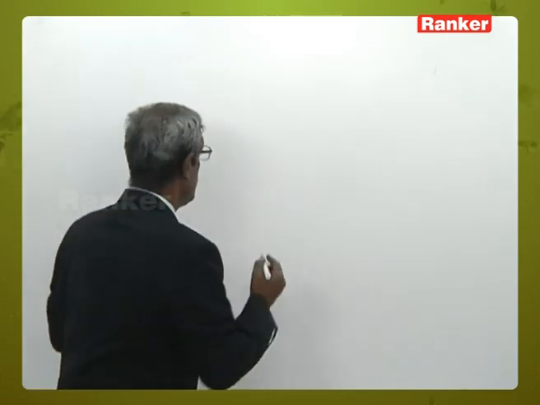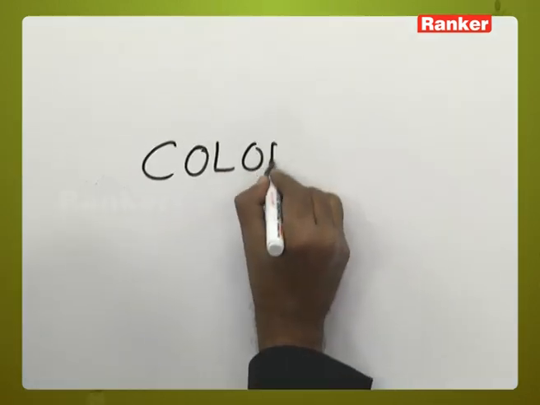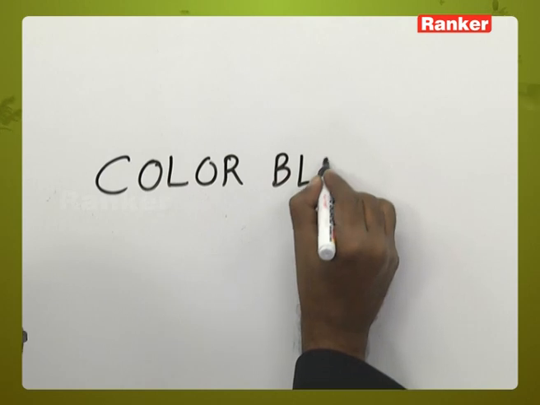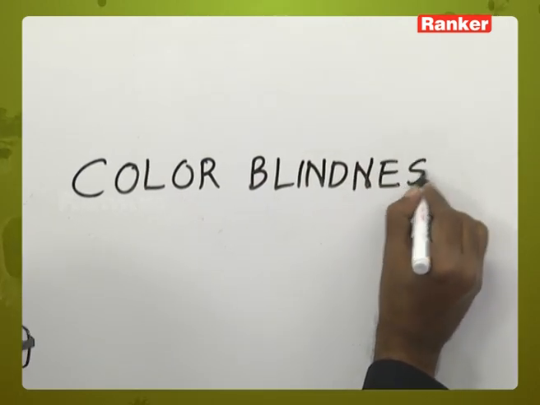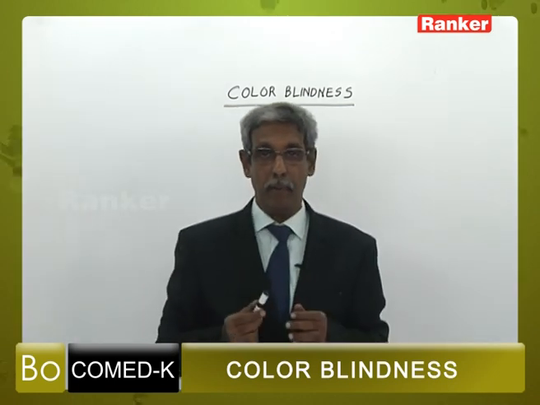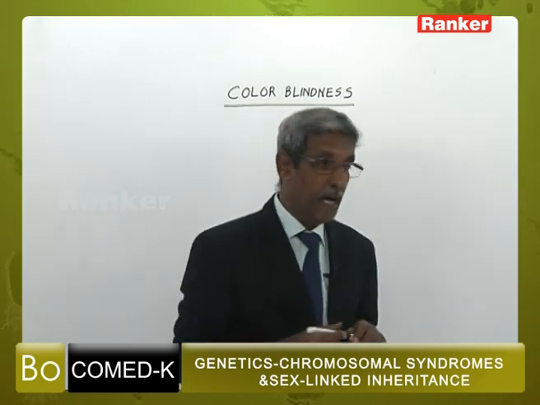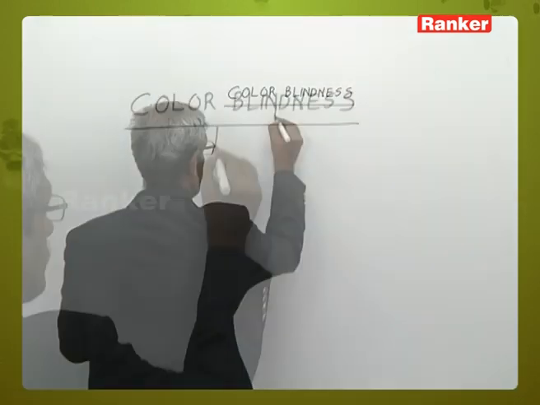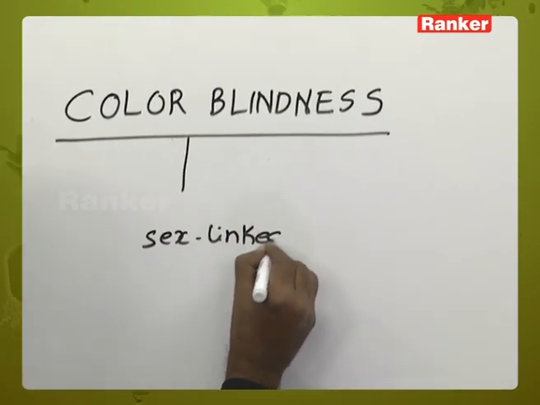Next, we are going into another pattern of inheritance which relates to color blindness. Color blindness is a very important disease or metabolic disorder which is again a sex-linked trait.